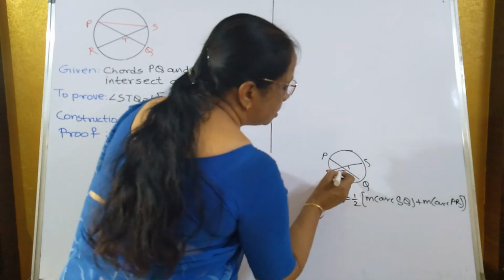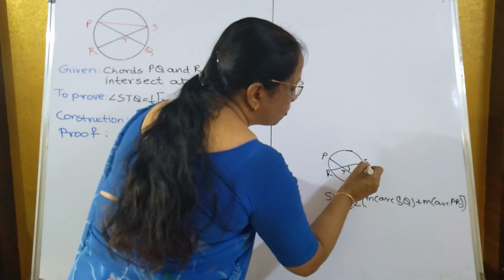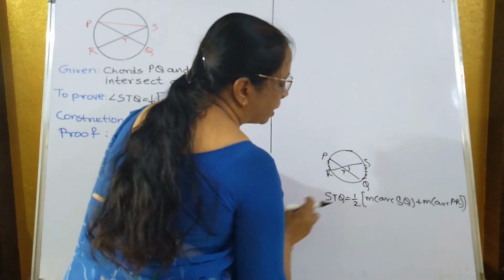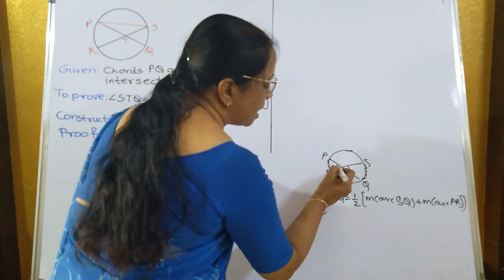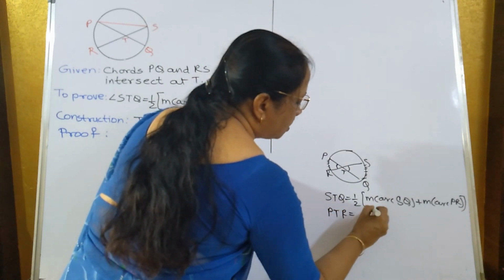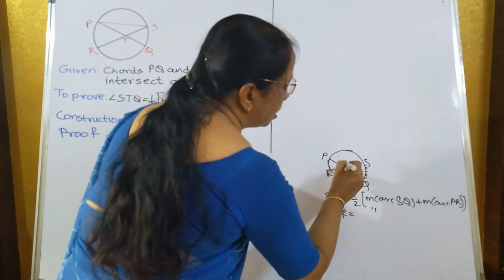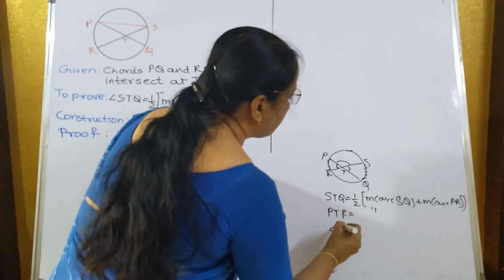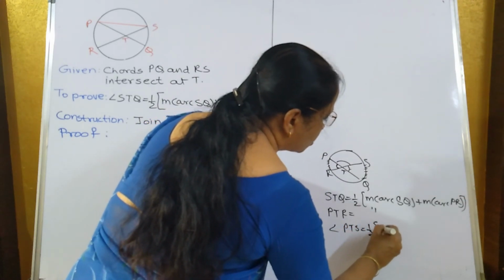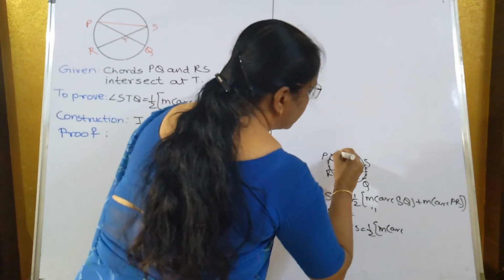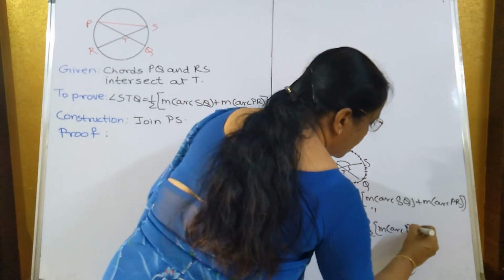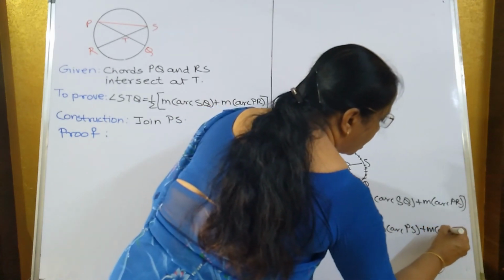That means this angle is equal to half of the measure of this arc plus half of the measure of this arc. So when you add both arcs and divide by 2, you get this angle. Angle PTR will be the same because they are vertically opposite angles. Similarly, angle PTS will be equal to half of the measure of arc PS plus measure of arc RQ.